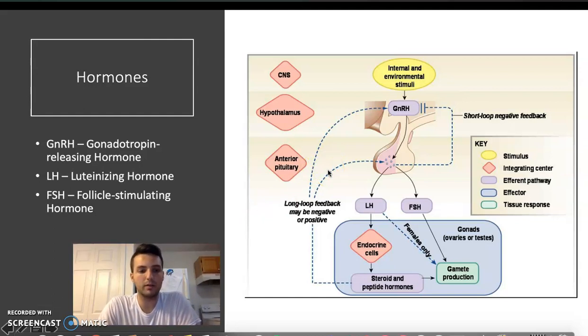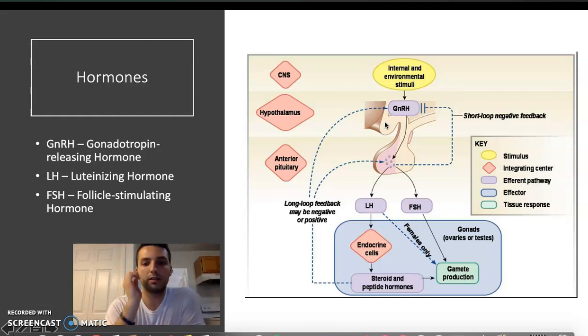There are a couple of intermediate steps, hormones and substrates that are excluded just to simplify this picture. But it does do a good job of focusing on the three that I want to focus on: gonadotropin releasing hormone, luteinizing hormone, and follicle stimulating hormone, abbreviated as such on the left.